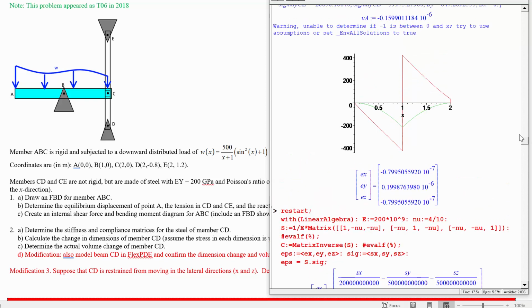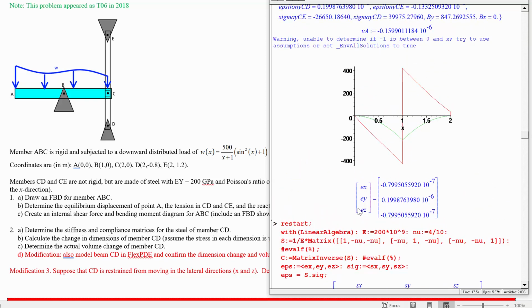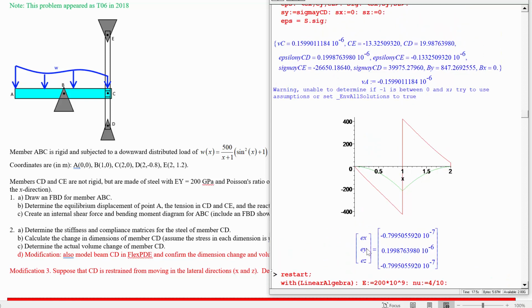And as a check, this should be reproducing the strain that we found in the y direction for this particular beam because we put in the same Young's modulus. That one only depended on the 200E9 once we know the stress. So sigma y CD is uniquely determining what epsilon y CD should be via the Young's modulus.